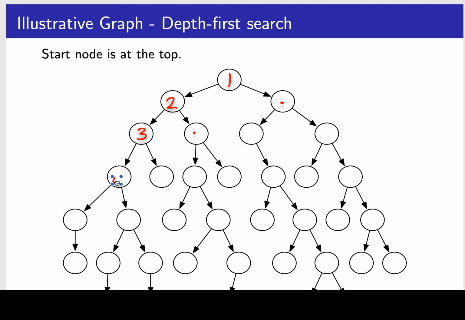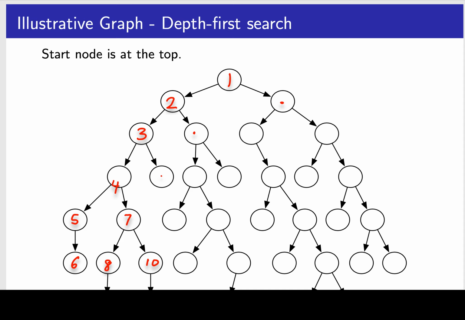Then it's going to expand this node, 4, and this is on the frontier. Then it's going to do 5, and this is on the frontier. Then it's going to do 6. And then what happens is there's nothing left on the frontier, so this is the next node to expand. Okay, then it's going to do 8, 9, then it's going to do 10, 11.